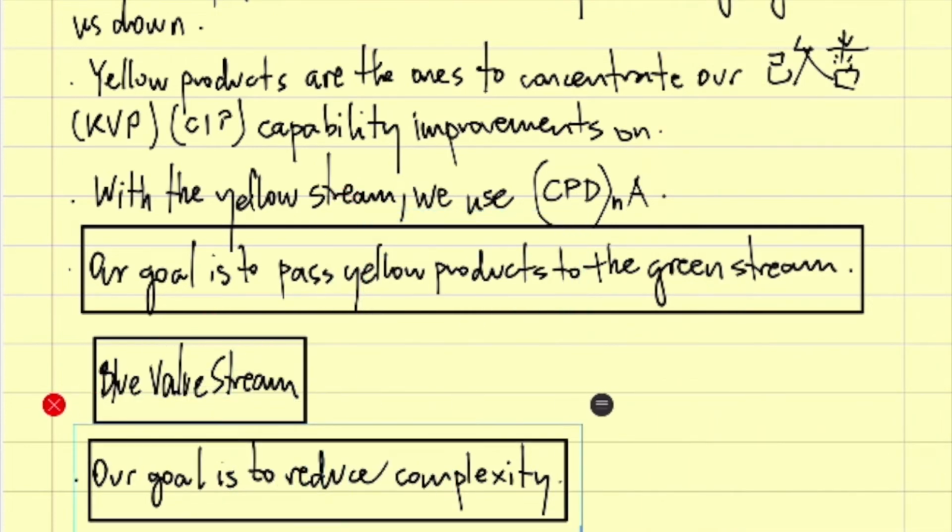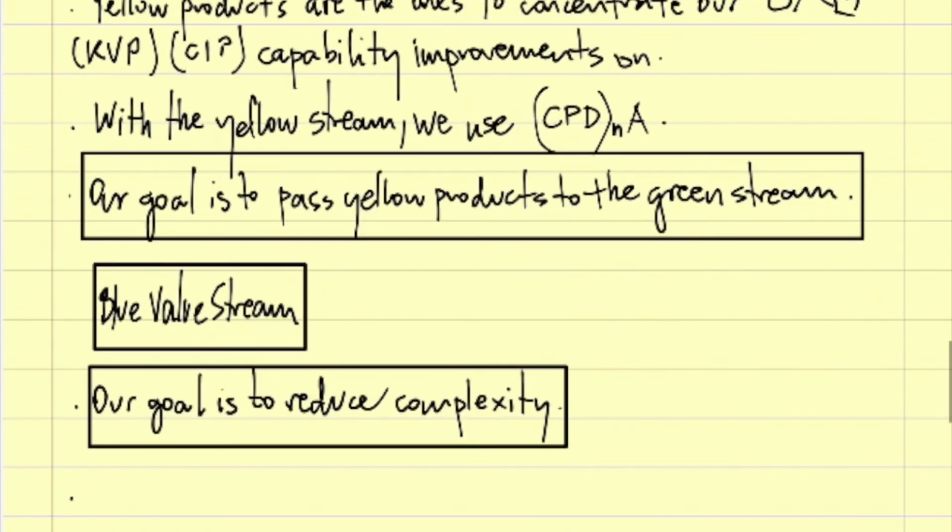How do you reduce complexity? Typically by doing two things, okay? Combine and improve. So what people usually call the CI strategy, okay? Combine and improve.